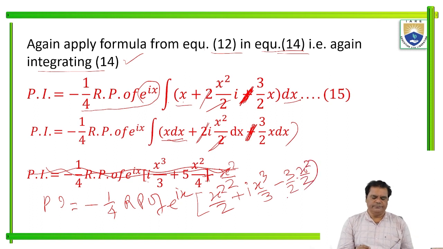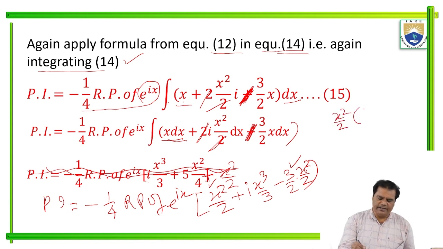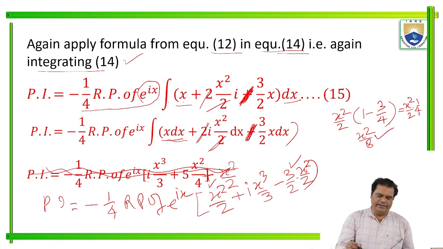So now taking this x square by 2 common here: 1 minus 3 by 2, that is 4 minus 3 by 4, 1 by 4. So x square by 2 into 1 by 4, so x square by 8.